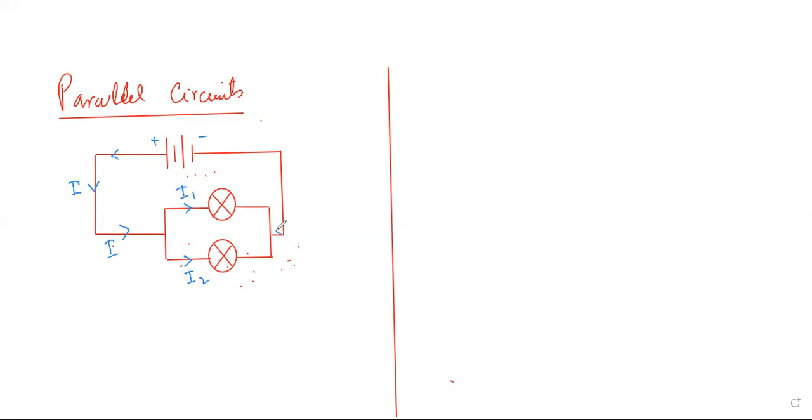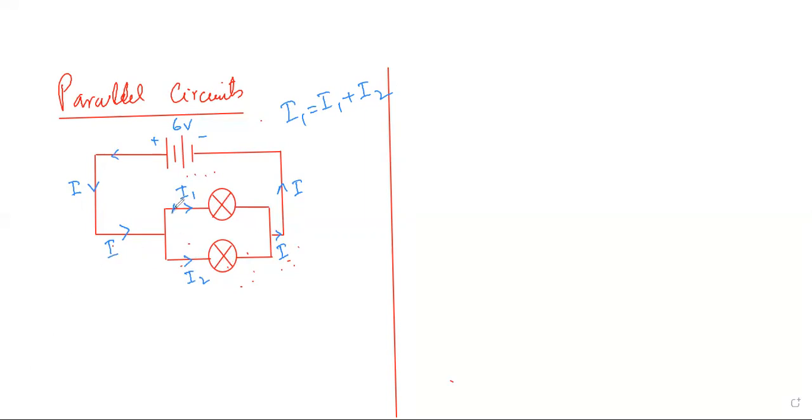But when it comes back over here, this is again equal to I. Am I clear? Yes. Then they combine. So we can write over here that I is equal to I1 plus I2. Am I clear? Yes. Whereas both of these will share an equal amount of voltage. For example, if this is a 6-volt battery, this will have 6 volt, this will have 6 volts as well. Am I clear? Yes.